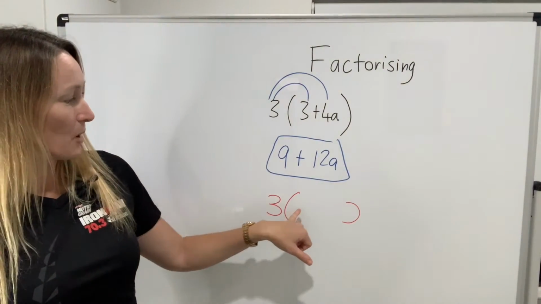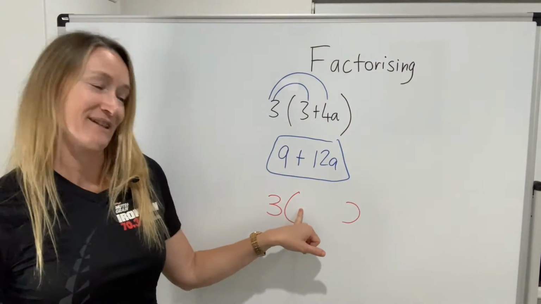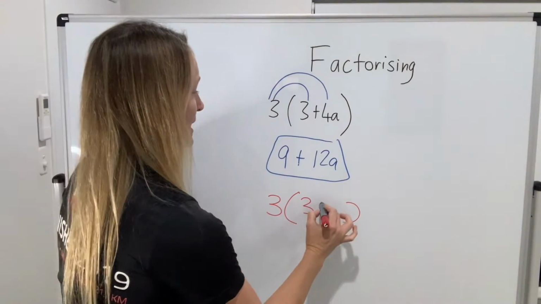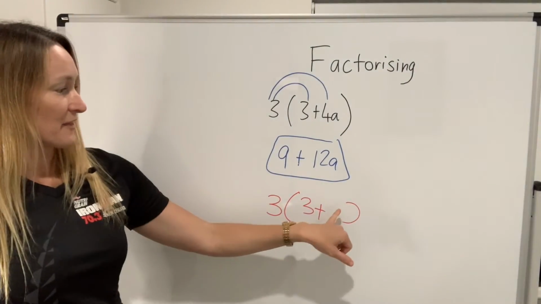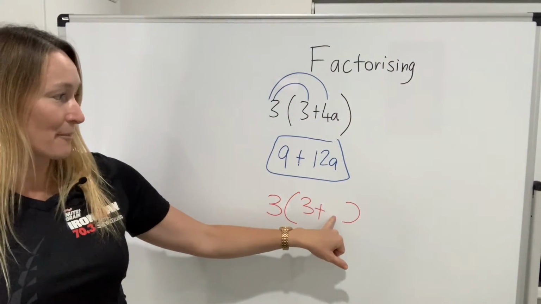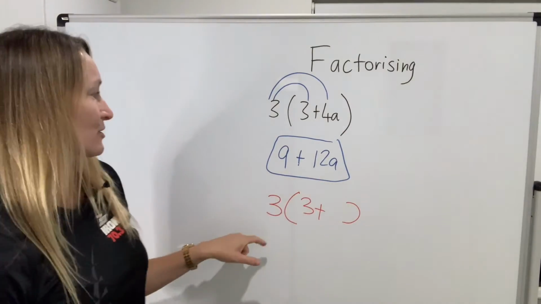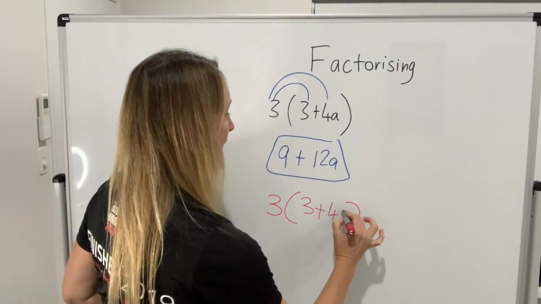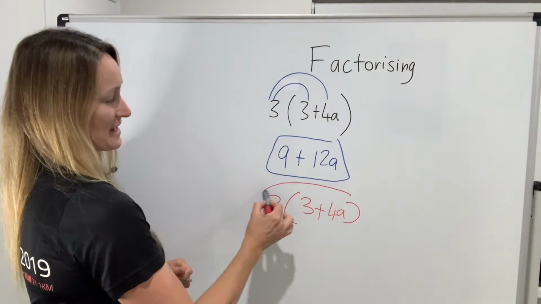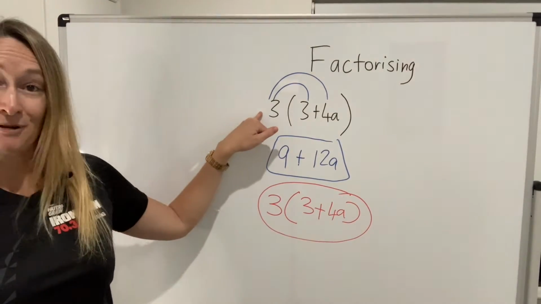So 3 multiplied by something is going to give us that 9. In this case, that's the 3. And we know it's a plus. And the second term, 3 multiplied by something gives us 12a. So 3 multiplied by 4a would equal 12a. You can see that is our answer there, what we began with up here.